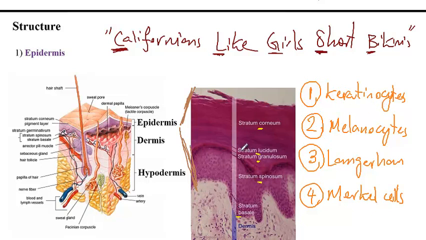Next layer is stratum lucidum, which is basically found only in thick layers of skin, like for instance the hairless skin that is found at the sole of our foot and our palms. And then finally, the most superficial layer is called stratum corneum, which contains multiple layers of keratin-filled as well as flattened keratinocytes that provides physical protection.